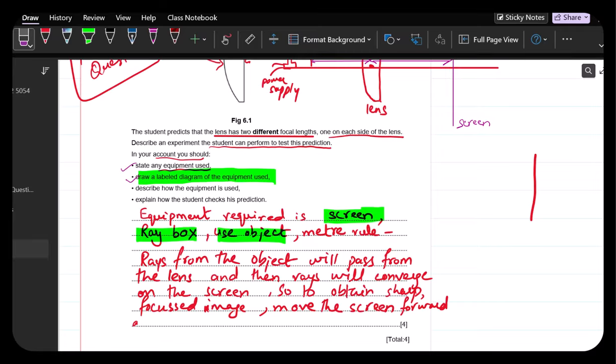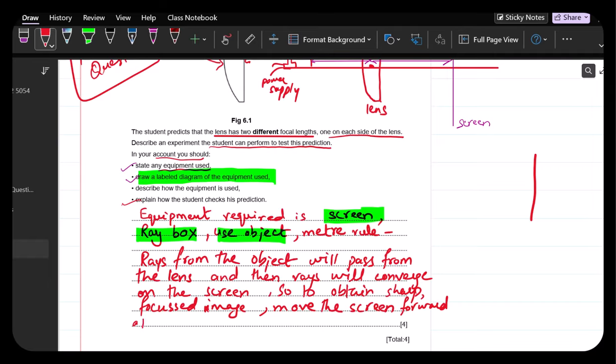Now last is explain how the student checks his prediction. The prediction is that you have to reverse the lens and then see what variation is occurring.